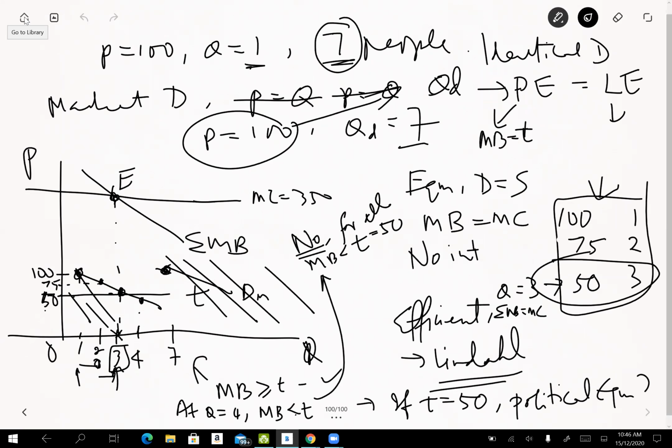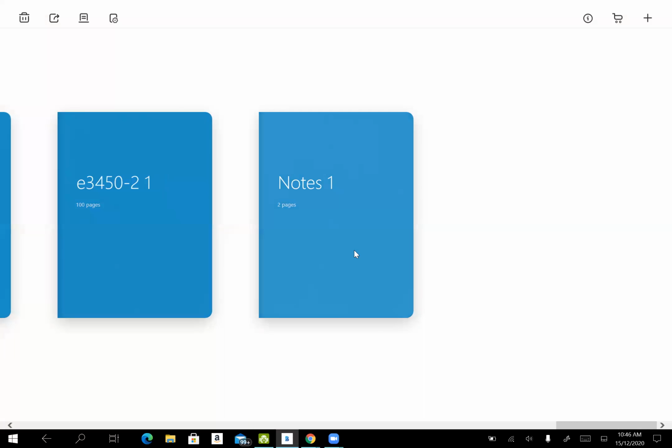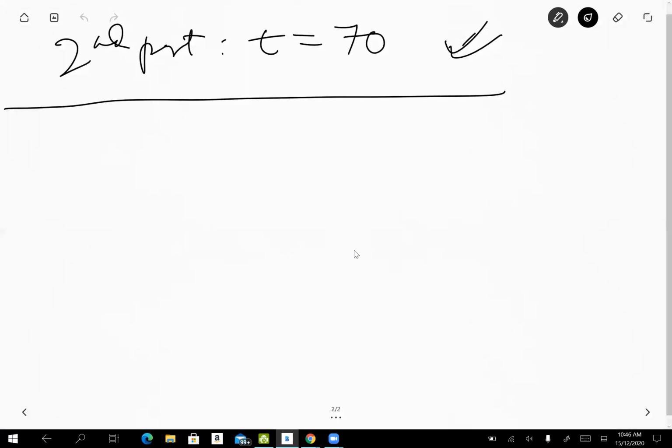Now, going forward, you will see here the tax is equal to PC minus PF. So let's go back to the graph.